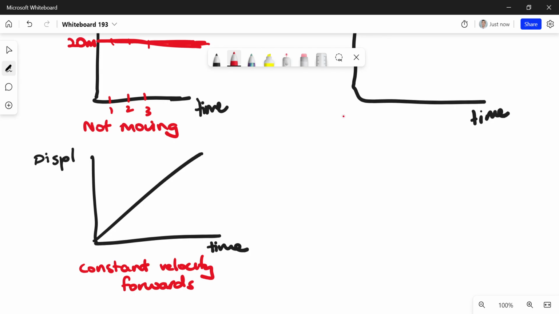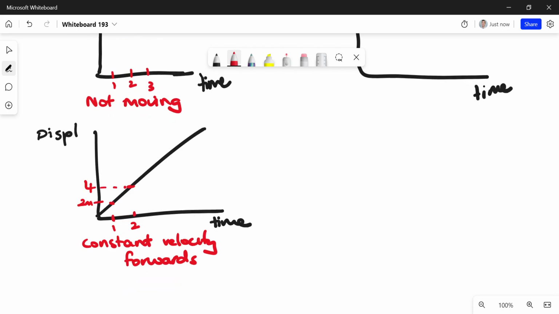If I look at how the displacement is increasing with respect to time, so at 1 second it had moved forward 2 meters, and then after 2 seconds it had moved forward 4 meters, you can see that after every second it's going up at a rate of 2 meters. As a result, we can say that it's got a constant velocity. The fact that the graph is going upwards is probably an indication that it's going forwards. However, we do need to be careful, because sometimes you'll need to read the question to get more information about what's forwards, what's backwards, what's up, what's down, what's positive, what's negative. So this is generally what we're looking at here.